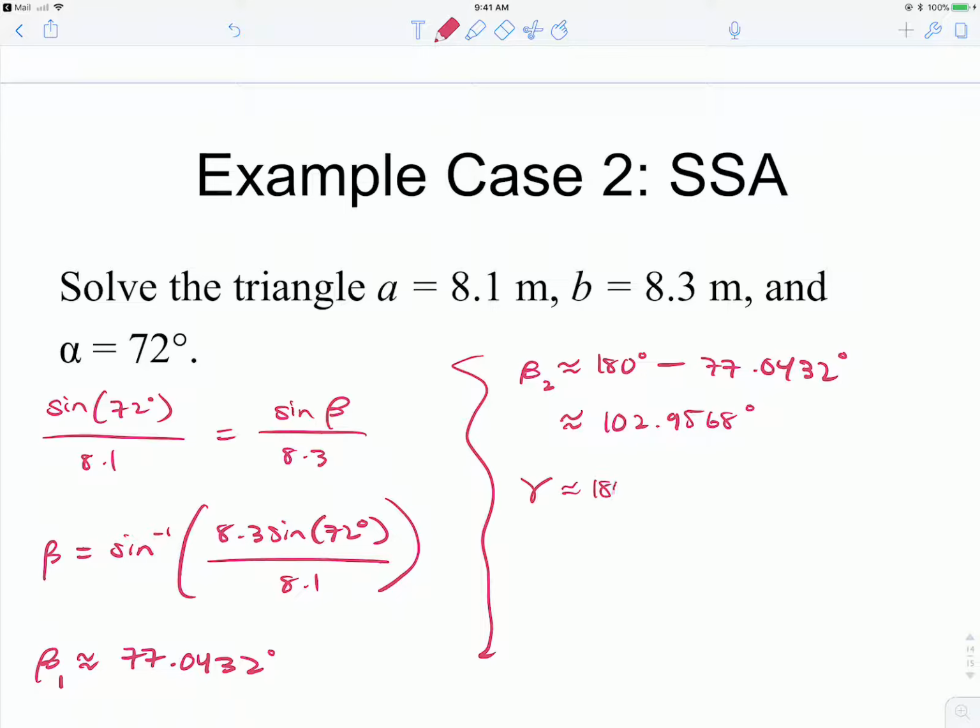So gamma would be 180 degrees minus the sum of the angles that we know. This is gamma in our second triangle. So you get 5.0432 degrees, so small, but still there.